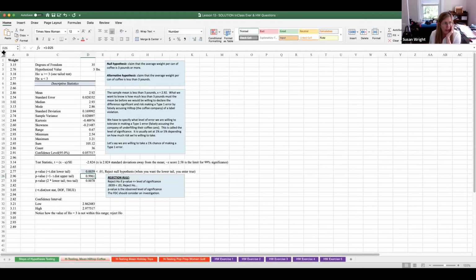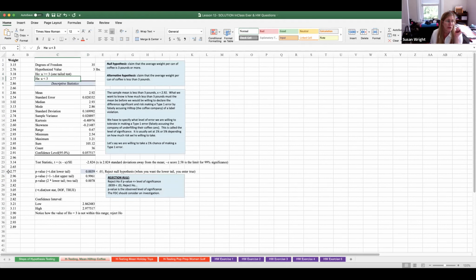What we have here is 36 cans of coffee, and we've weighed each can. Each can says that there's 3 pounds of coffee in it. So our null hypothesis is that each can has an average weight of greater than or equal to 3 pounds. All right, and then we would reject this hypothesis if we found enough evidence to prove that the average weight of a can is less than 3 pounds.